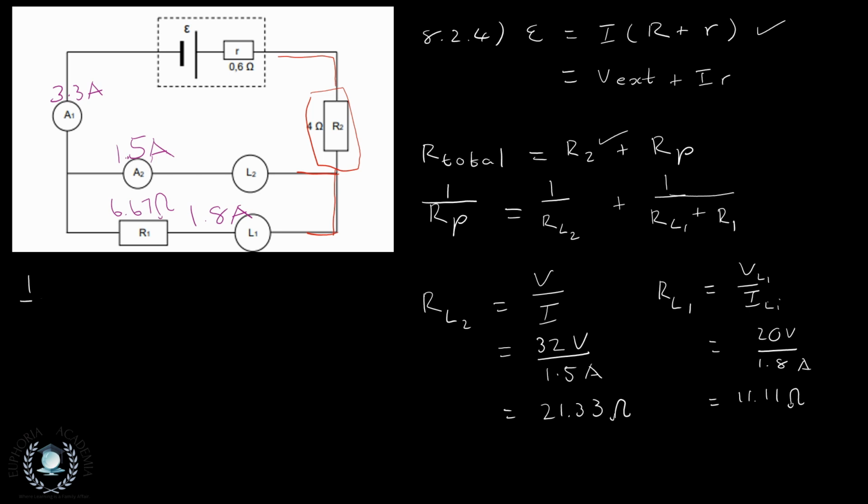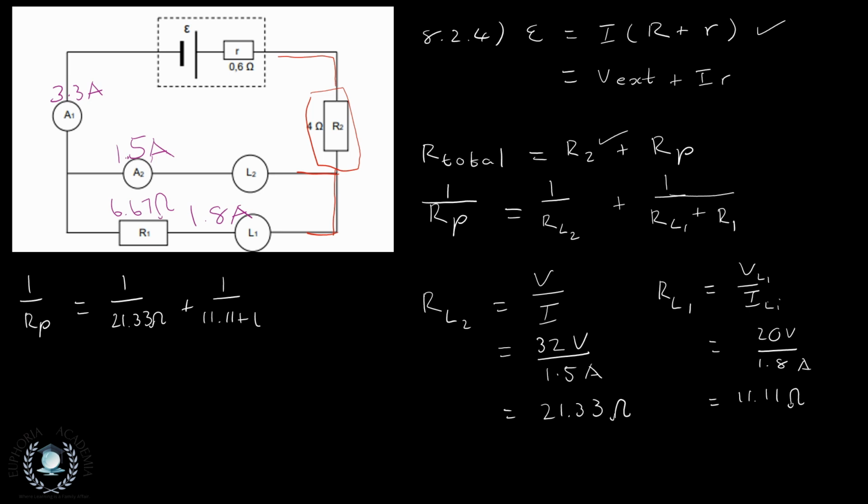So let us just substitute into our formula, and we will find that that will be 1 over 21.33 ohms plus 1 over 11.11 plus, now what did we find our resistance to be?